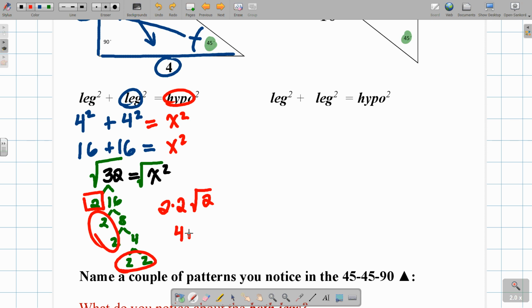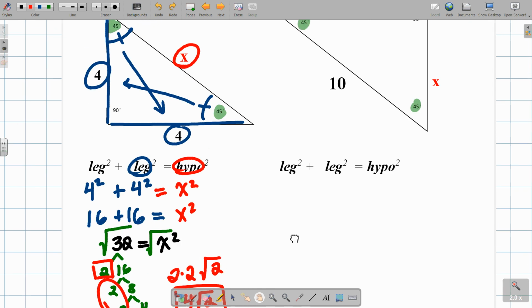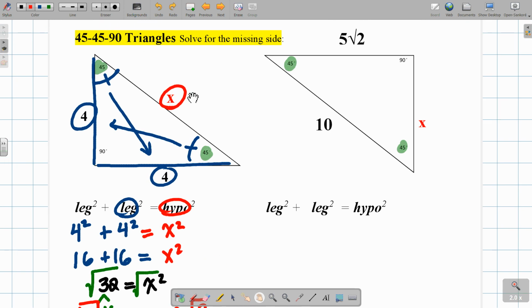And your final hypotenuse is going to be 4 root 2. So one leg is 4, the other leg is 4, and the hypo is 4 root 2.